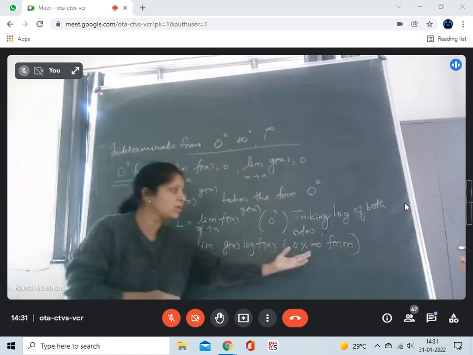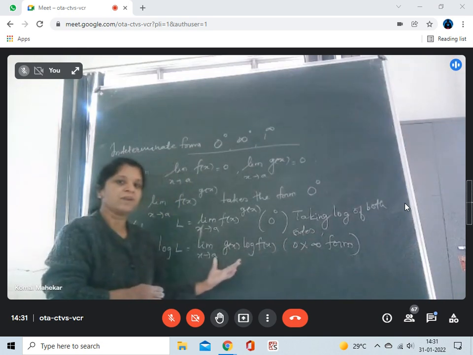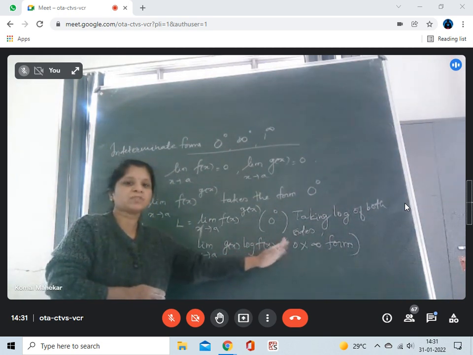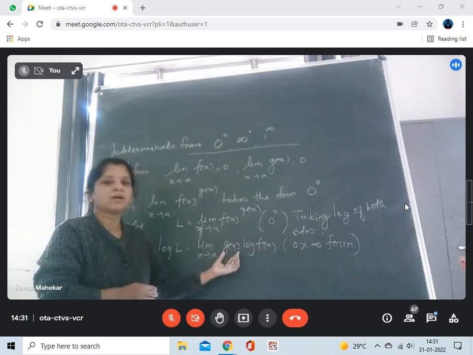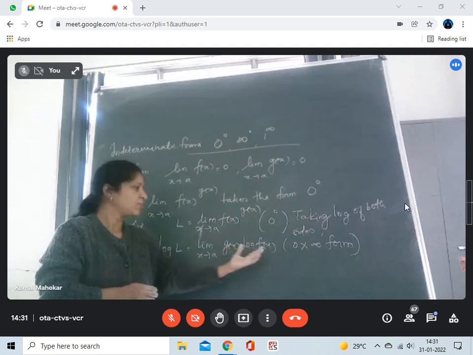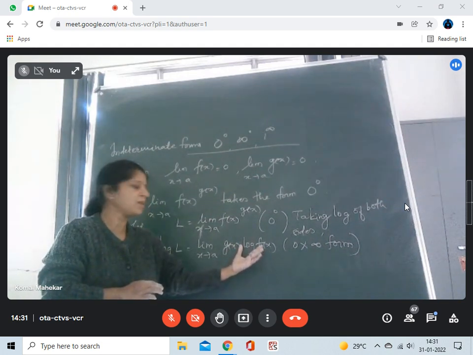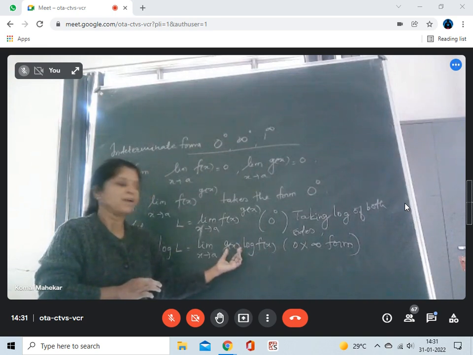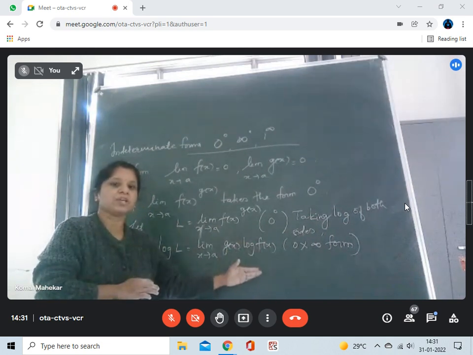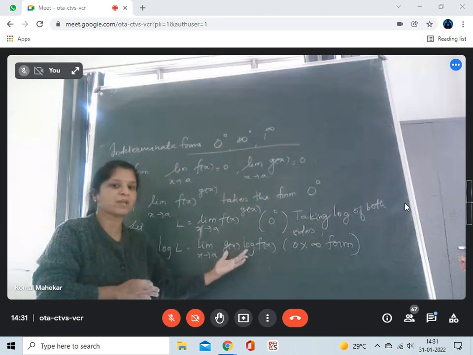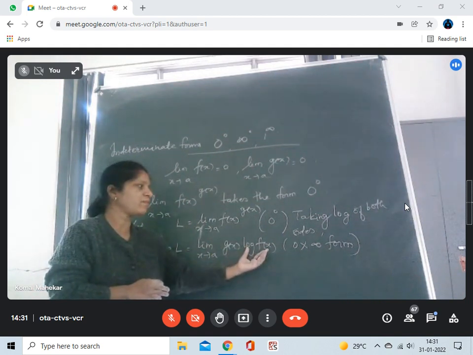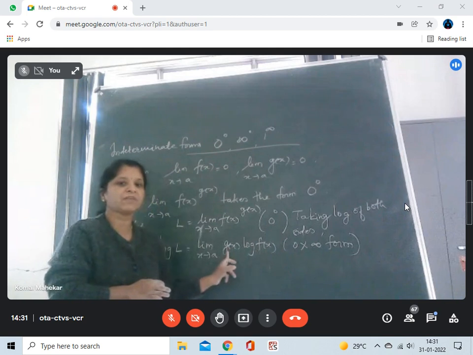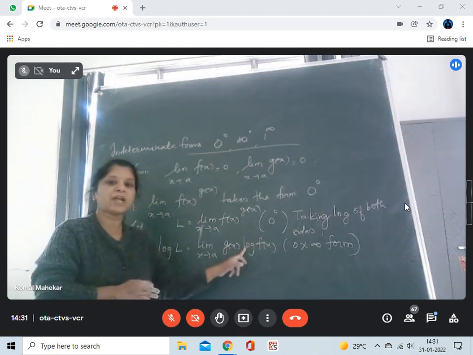So we know how to solve the problems of 0 into infinity form. When the function is in 0 into infinity form, then to take the limit, we keep the logarithmic term in the numerator and shift the second function, g(x), to the denominator. So we write log of f(x) divided by 1 by g(x), since dividing by 1 by g(x) is the same as multiplying by g(x).